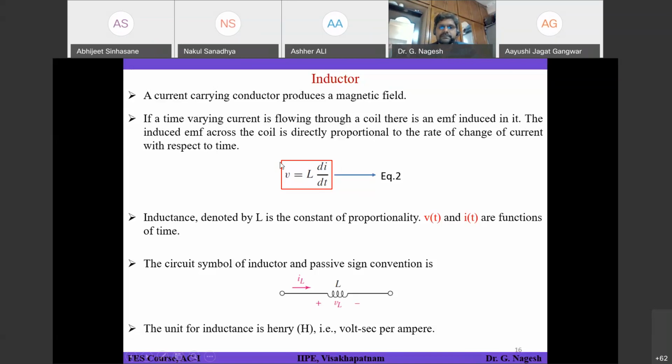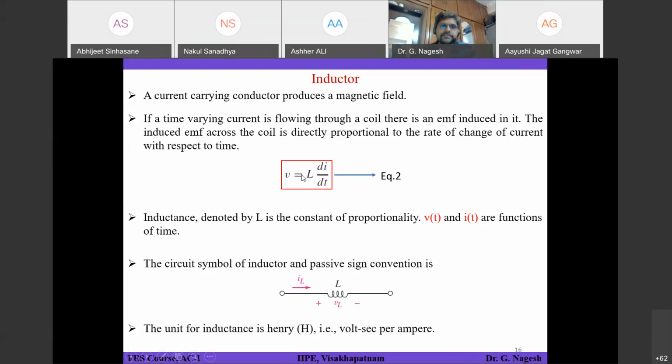So this is the expression: V = L di/dt. The current flowing through the coil is I, the voltage developed across the coil is V, and they are related by V = L di/dt.